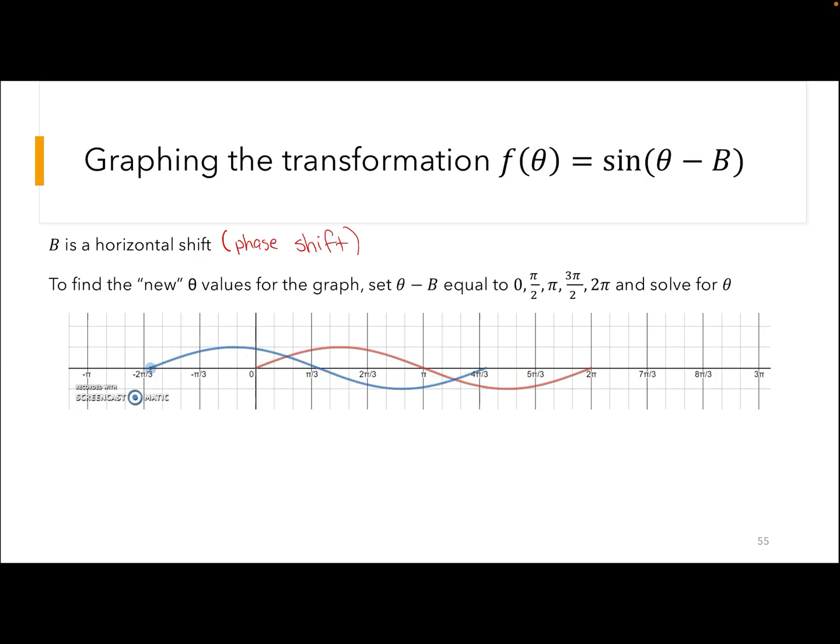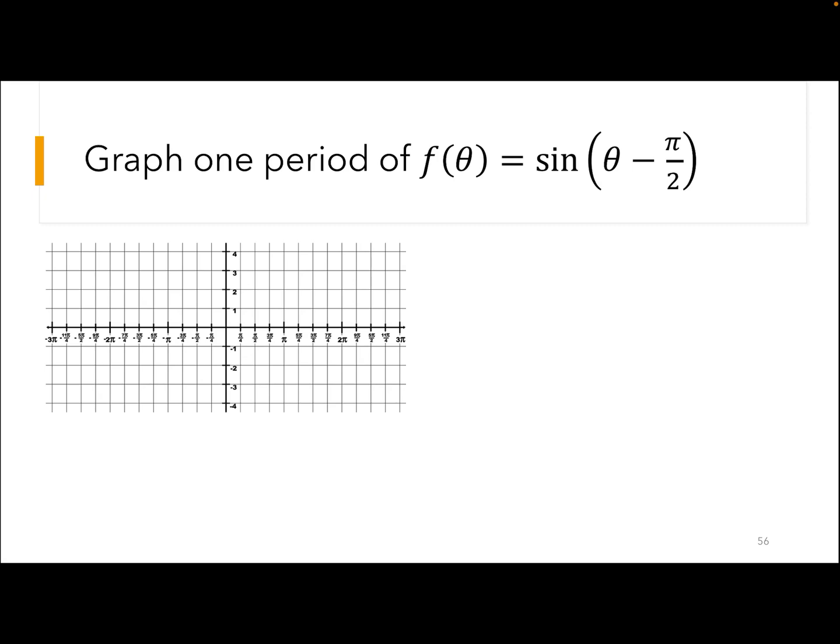And so to graph this theta minus b, we just need to set theta minus b equal to those 5 key values and solve for theta. So when we want to graph one period of theta minus pi over 2, remember our original key points are 0, pi divided by 2, pi, 3 pi over 2, and 2 pi.